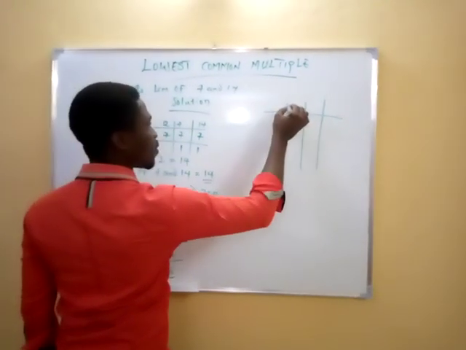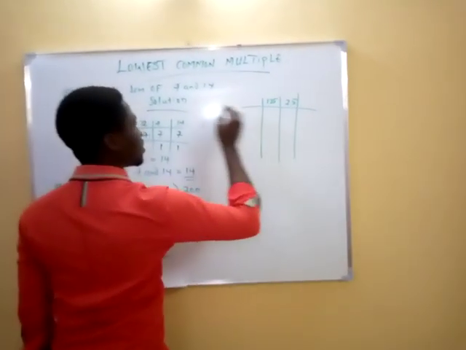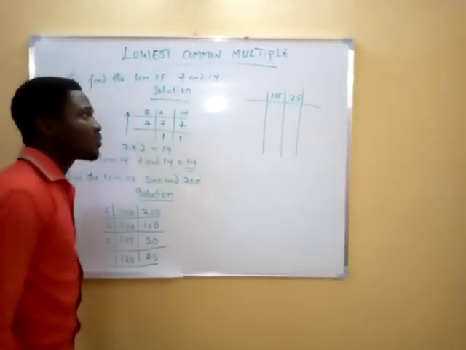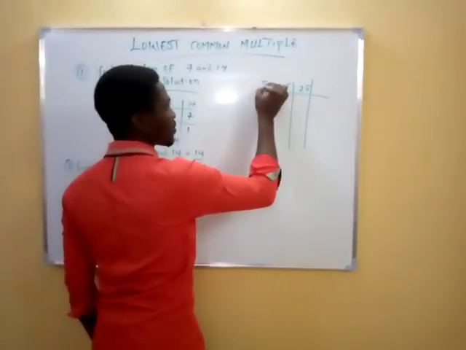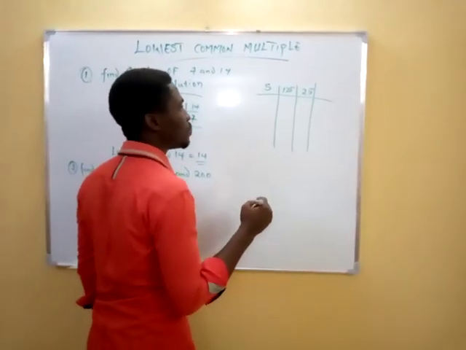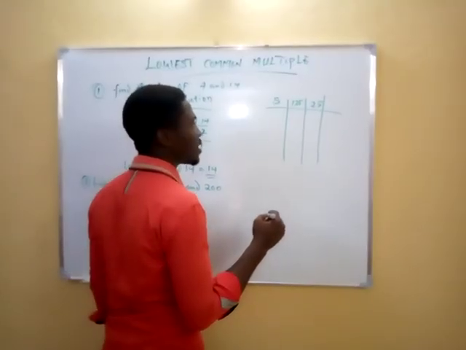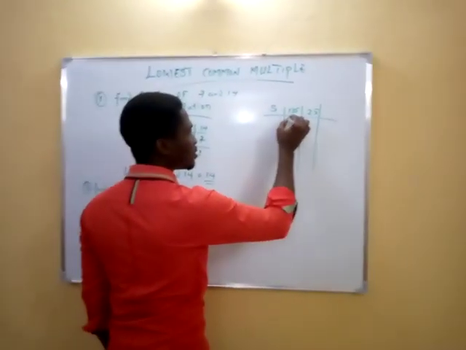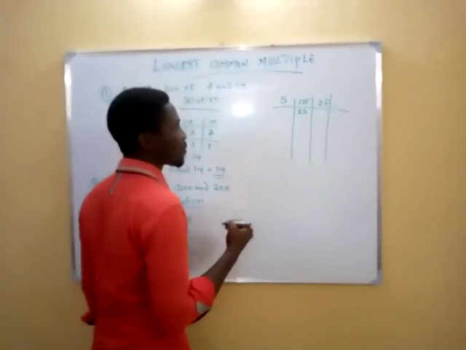So we have 125 and 25. What is the lowest number that can divide 125 and 25 without a remainder? So we say 5. 125 divided by 5 will give us 25.